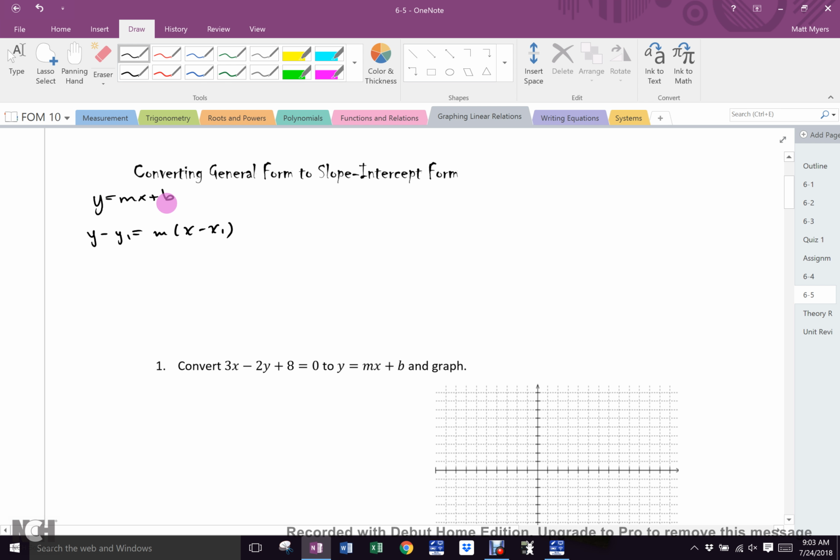What I mean by that is sometimes this one can have 3/4 x plus 7, for example. And same thing here, right? The slope could be a fraction or a decimal. And when we write math, we like it to be as simple to see and read as possible.